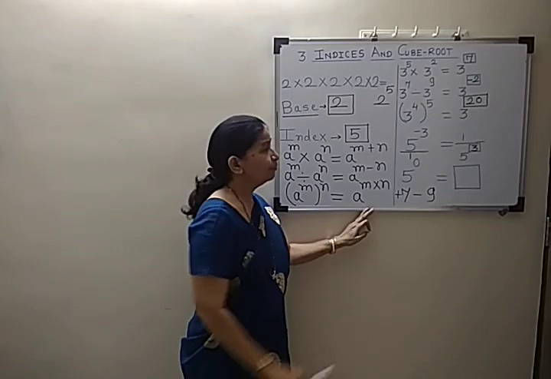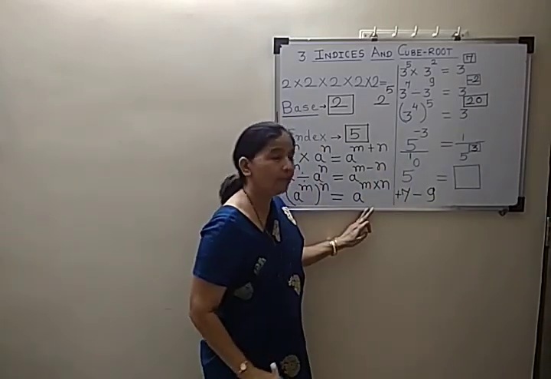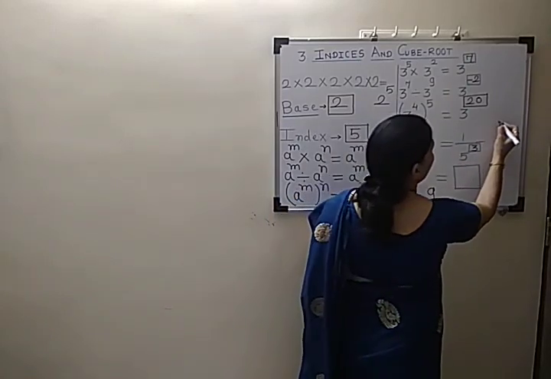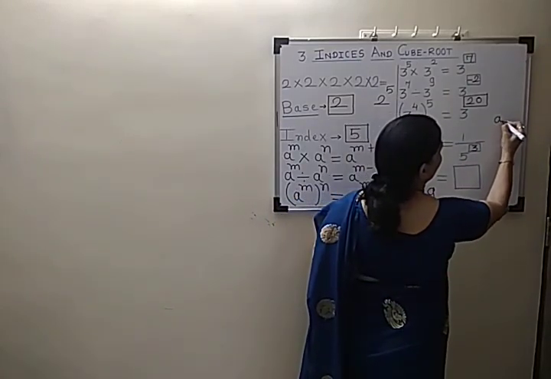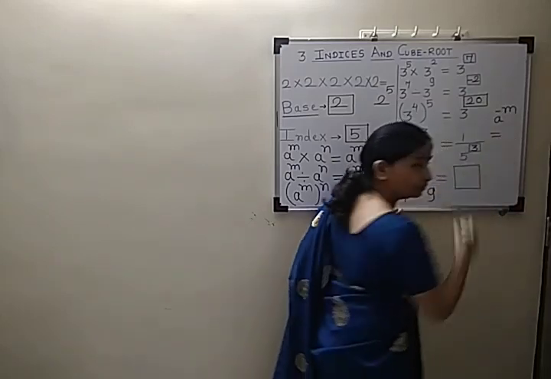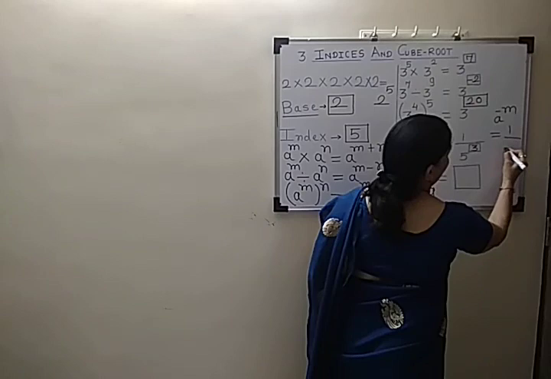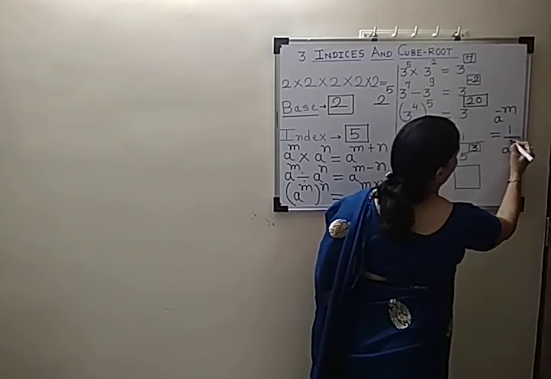Now here, which rule of indices we followed? That is a raised to minus m is equal to 1 upon a raised to m.